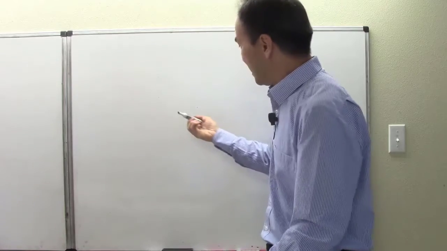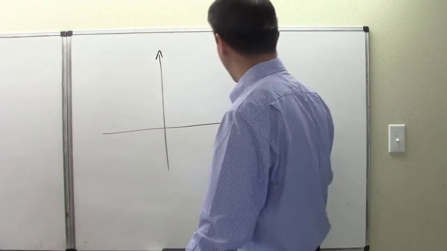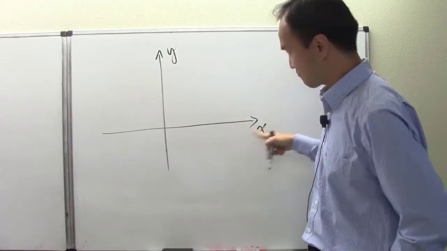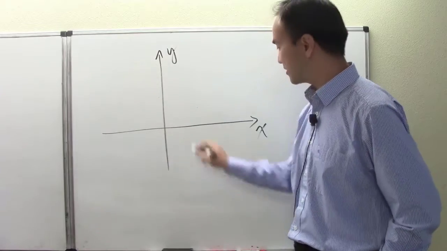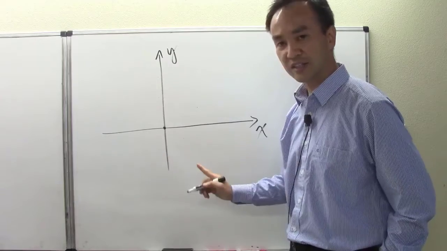So let's look at what we have here in the traditional x and y coordinate system. The x is the horizontal axis, and the y is the vertical axis. The origin is right at the point where the two axes cross each other.